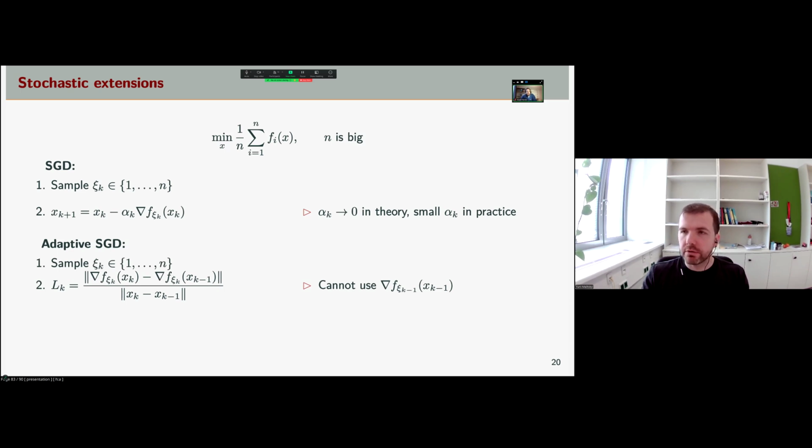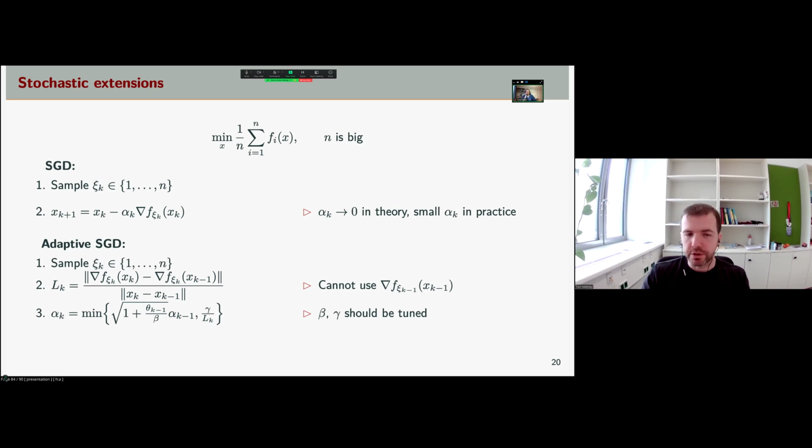Now look, we have to be more careful, because for this given new sample we have to compute the gradient at the previous point, because the previous gradient has nothing to do with the current gradient. They were just stochastic. So this becomes more expensive in general, right? We have to compute two gradients instead of one. That's a drawback.